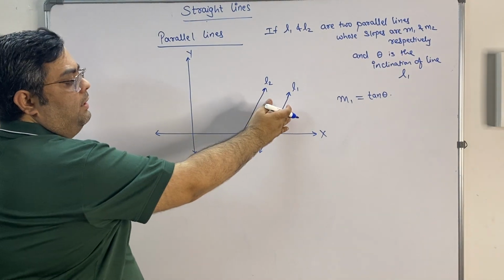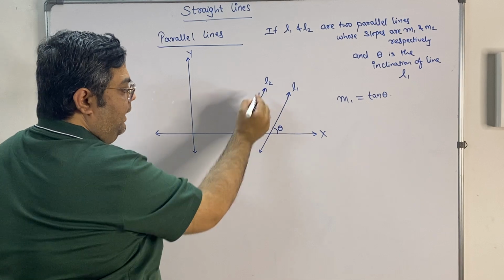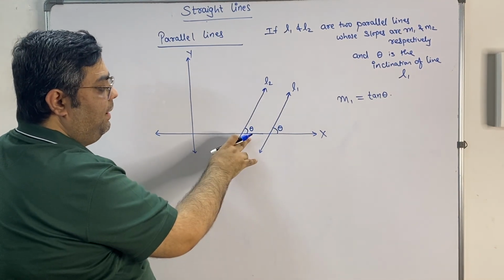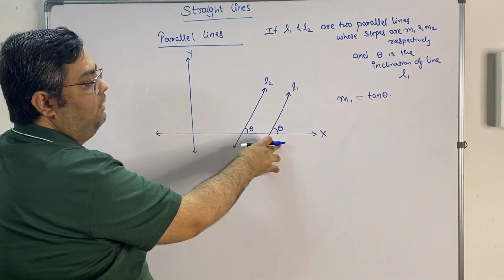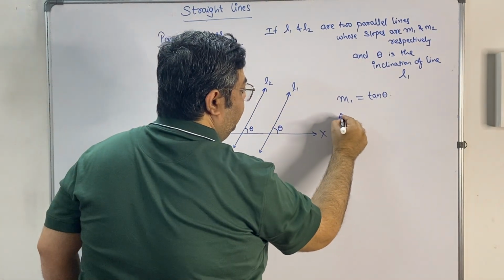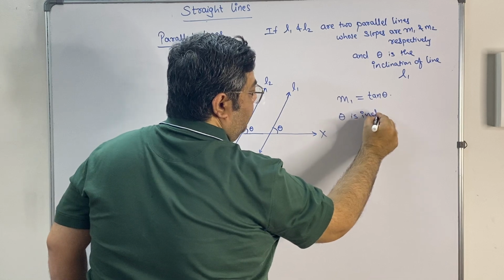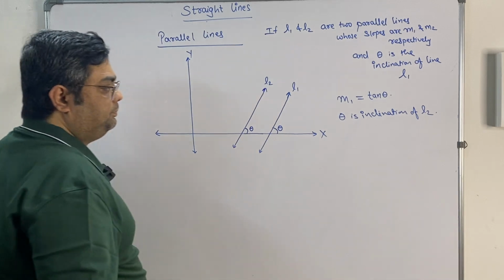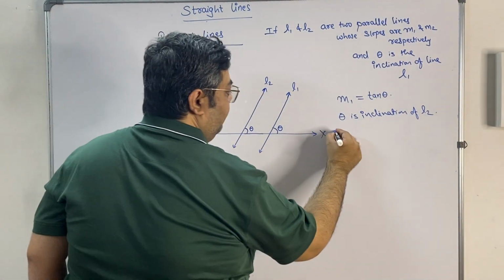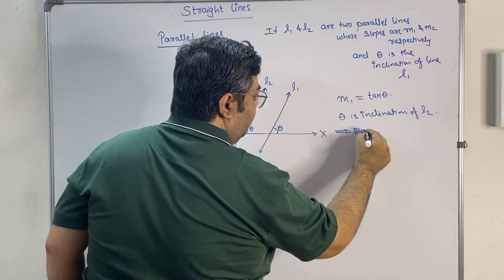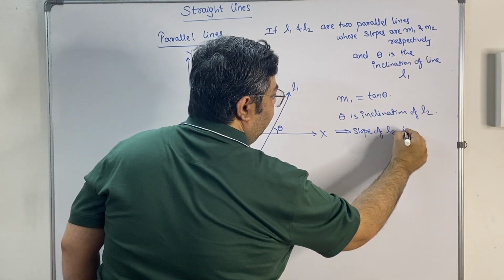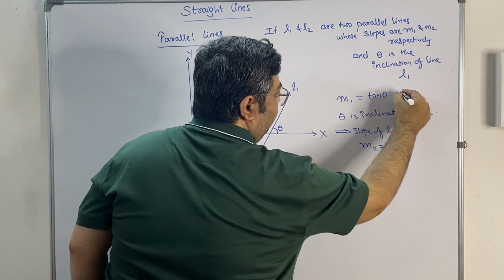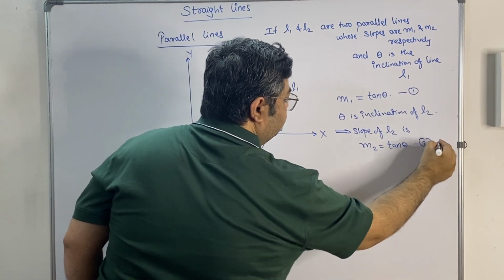If it is parallel, that means the inclination of L2 should be the same. It should make the same angle with the positive x-axis as L1. तो मतलब theta is inclination of L2. That means slope of L2 is, now if you observe 1 and 2, what do we get?